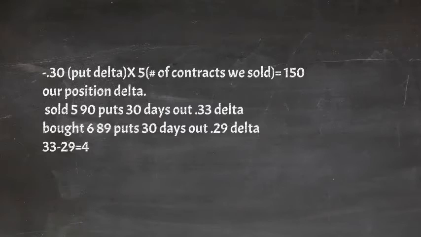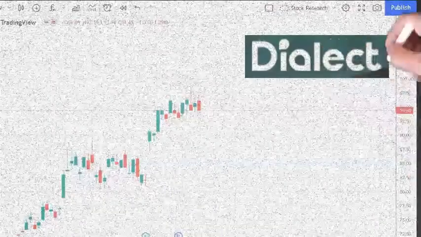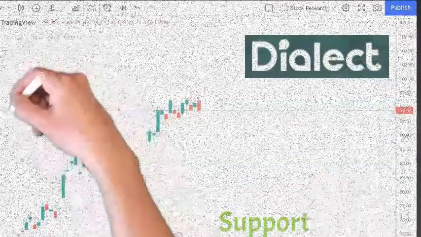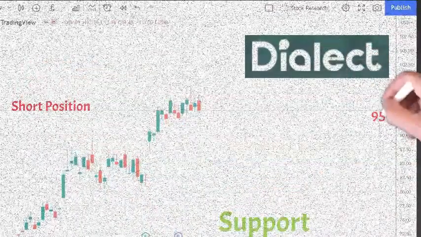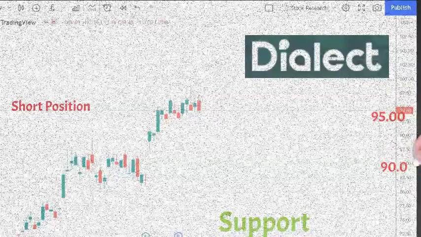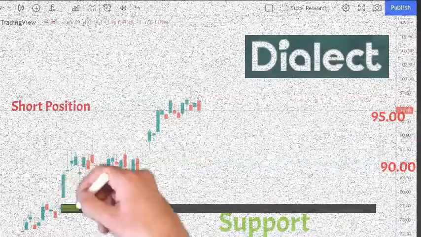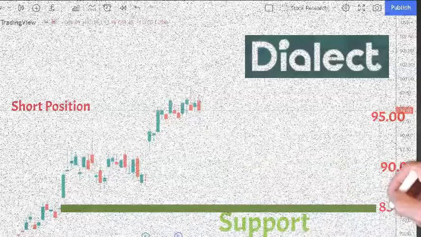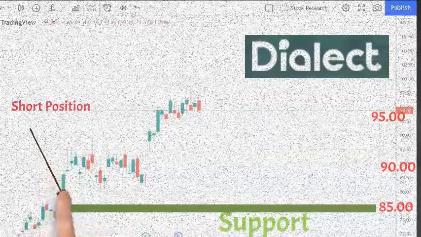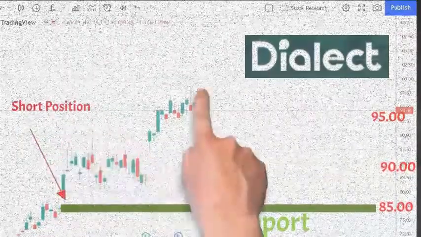So as the price continues to drop, right, we have to look at our chart and we have to be like, oh, the support right there at the 85, and maybe it gets rejected from that gap, or it finds support there, and then those puts that we bought, we're just collecting mad profits from those puts.